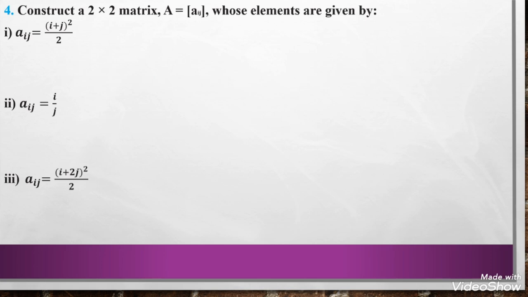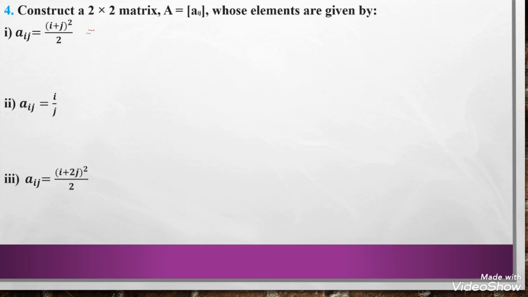There is a fourth question. Construct a 2 cross 2 matrix A equal to the matrix Aij whose elements are given by the following. As you know, we have to construct a 2 cross 2 matrix.